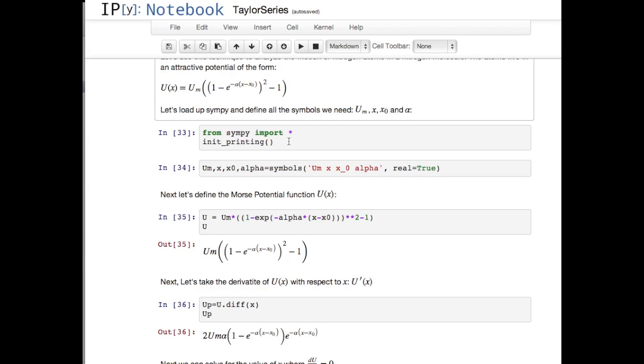Now, the other thing I need to say is if you're going to try to mix SymPy and PyLab, you're going to run into trouble because they have a lot of the same names. And so if you want to do that, instead of from sympy import star, you'll have to say import sympy as sp. At least that's how I would do it.